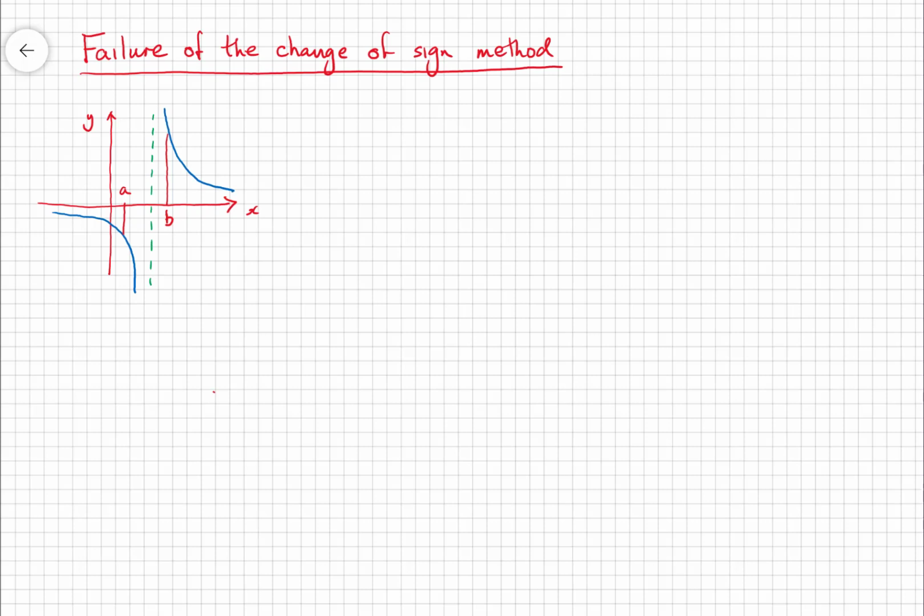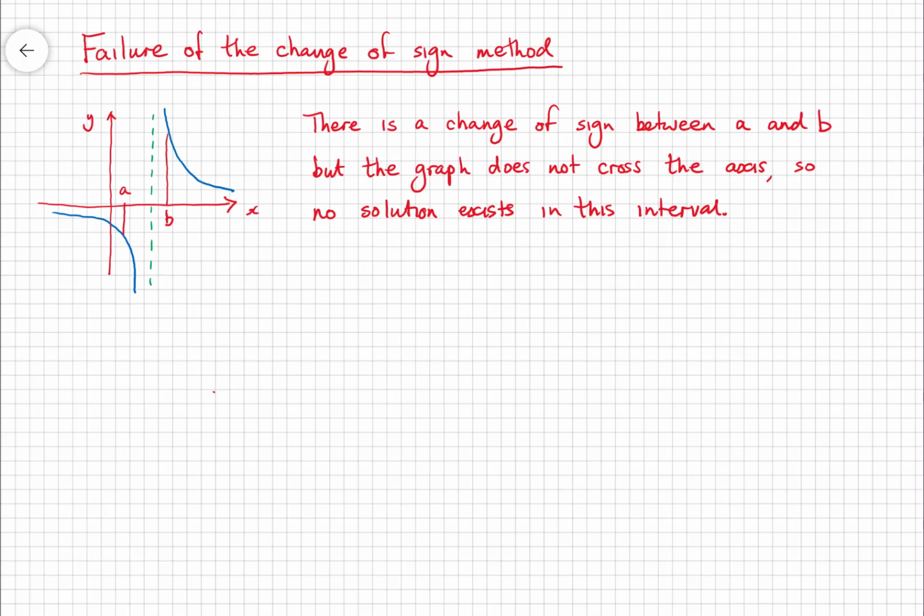On the other side of the asymptote, when x is equal to b, the y value is positive. And so, although there is a change of sign in the interval between a and b, because the graph doesn't actually cross the x-axis, there is no solution that exists within that interval.